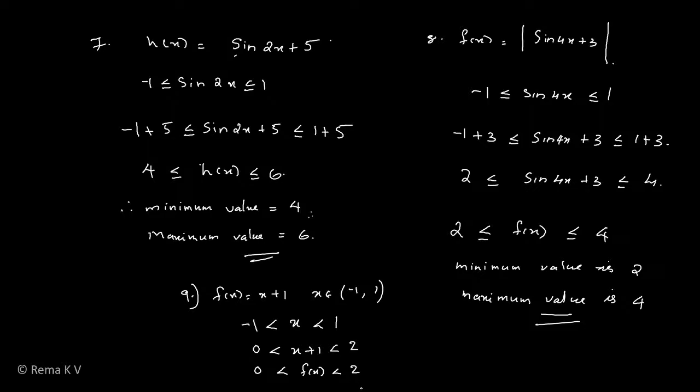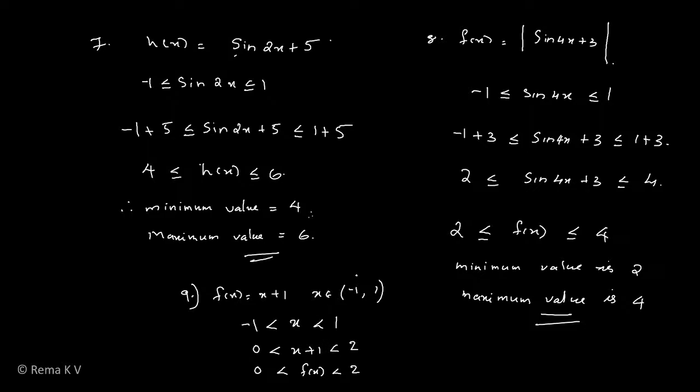Surely you will come with the answer: minimum value is 0 and the maximum value is 2. But that answer is not correct. See now, here it is not given as an inequality 0 less than or equal to. Equal to sign is not here. Okay, this is given in an open interval.